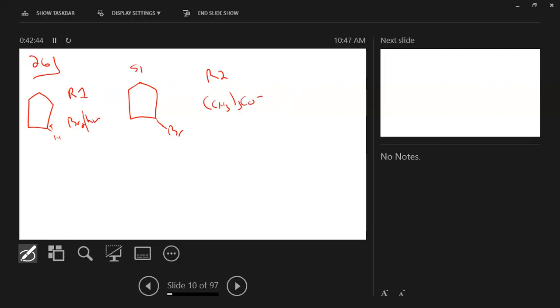Now that base will either remove this hydrogen or this one. It doesn't matter. They're both equivalent. So we have an elimination step. So our step 2 product will be this.